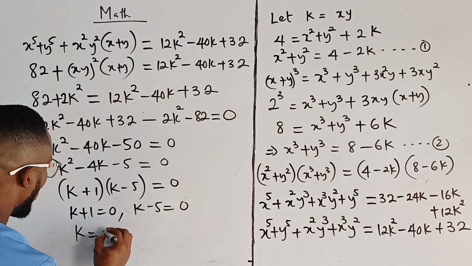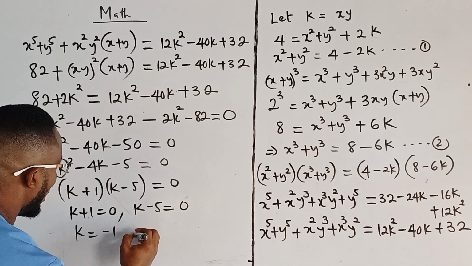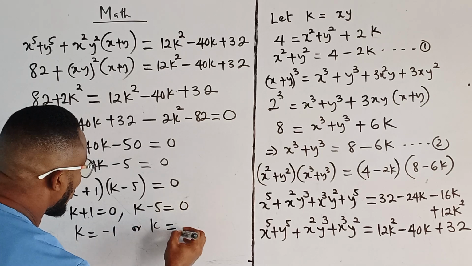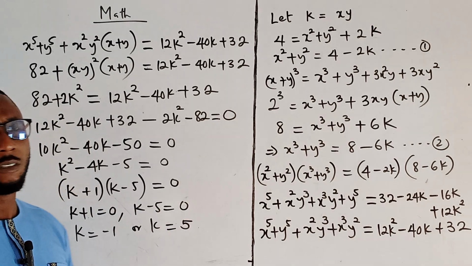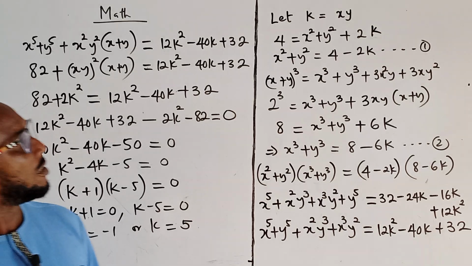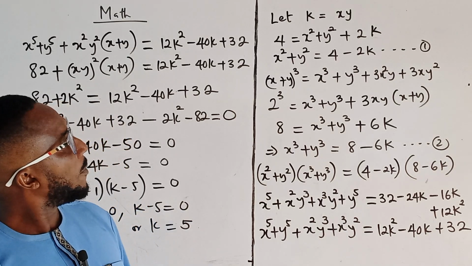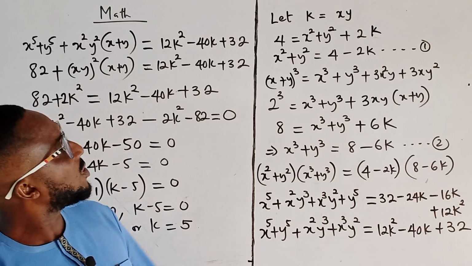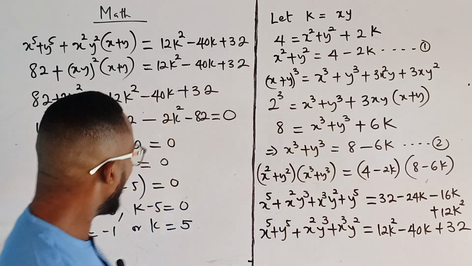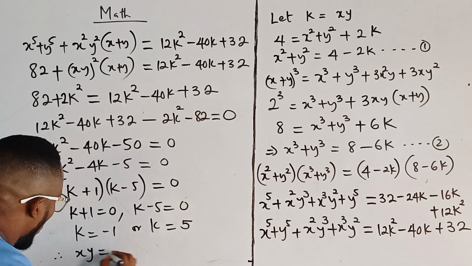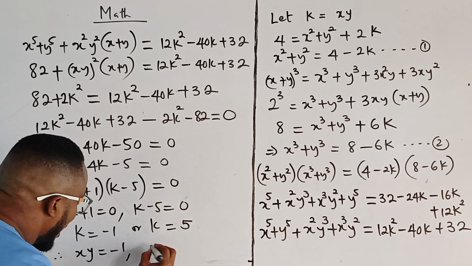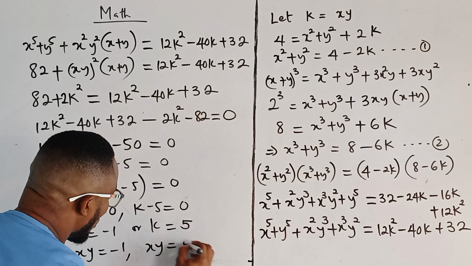So k is equal to negative 1, or k is equal to 5. So from the substitution we made along the line, we said k is equal to xy. So we can then say that xy equals negative 1, then xy equals 5.